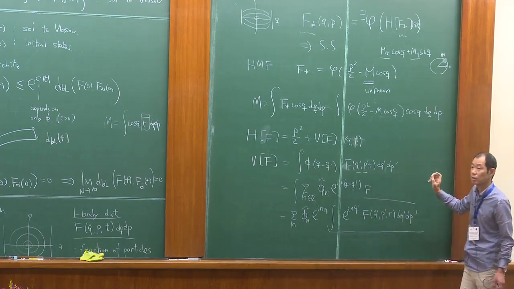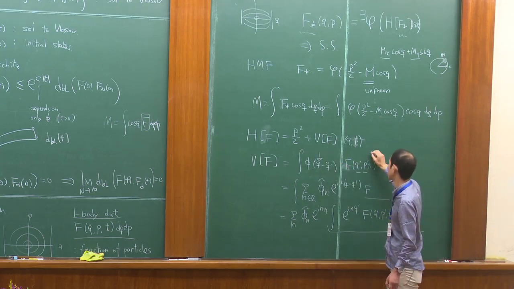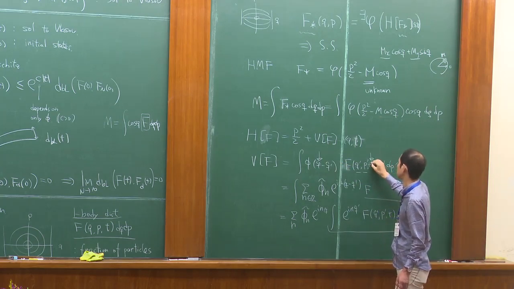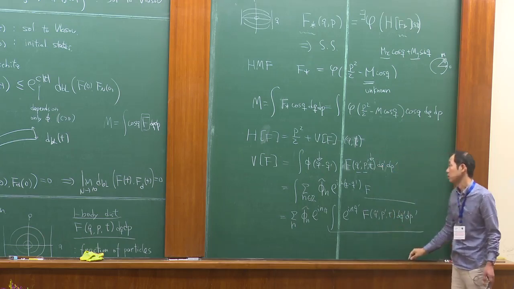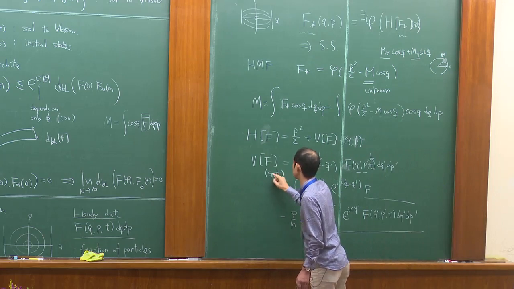You have written T; I'm reading it as T. So the remaining variables are Q and T. This one is only for Q and P.